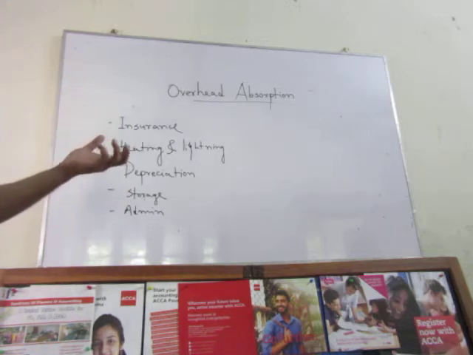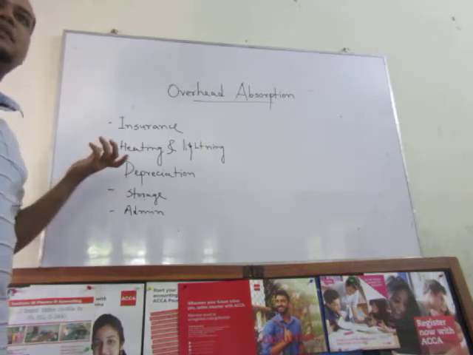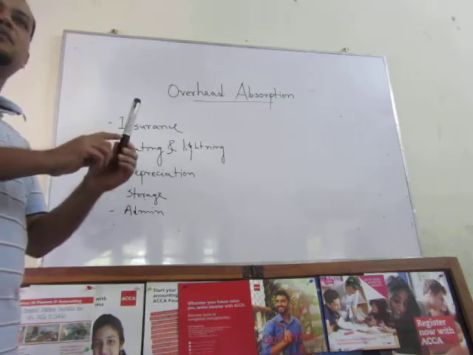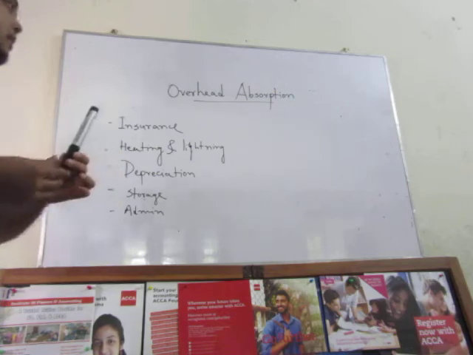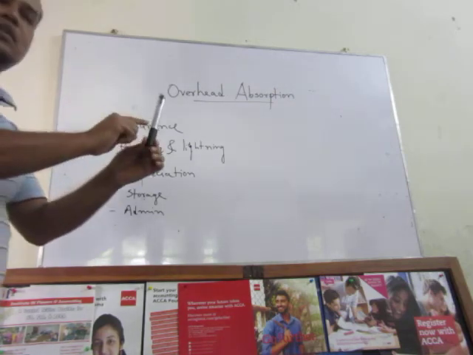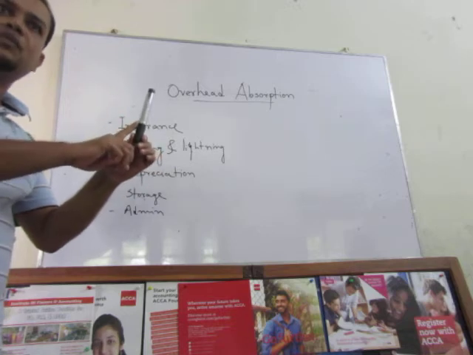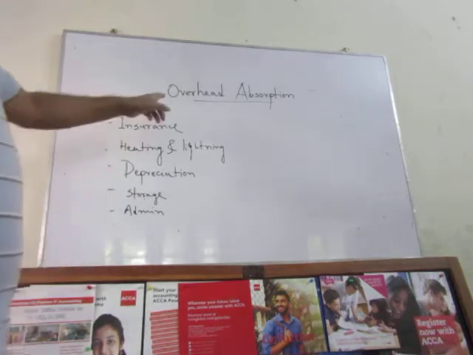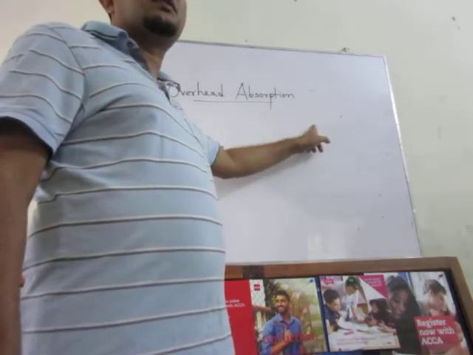These are indirect costs, but it is not easy to charge them to a specific unit. The question arises, what portion or percentage of this cost will be added to one individual unit so that we can find the total cost? This is the ultimate problem, and that's why we have to go through overhead absorption costing.